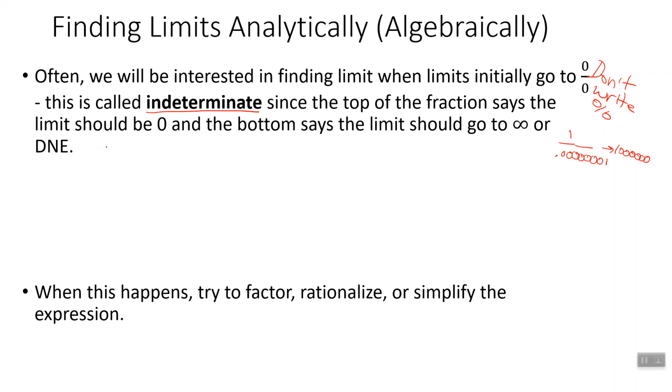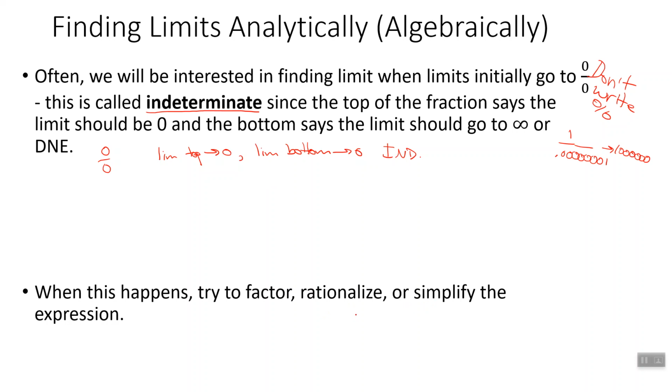So we're not sure what to do. Now if we do get 0 over 0 as a limit, what we want to do is write out that the limit of the top goes to 0 and the limit of whatever's on the bottom goes to 0. So then we say indeterminate. We don't even need to write out the whole thing. And then we need to do something else, like maybe factor or try to rationalize the top and bottom, simplify some sort of way.